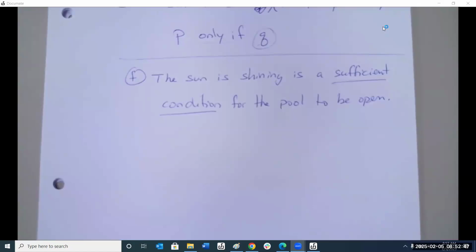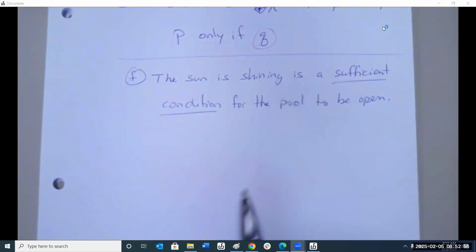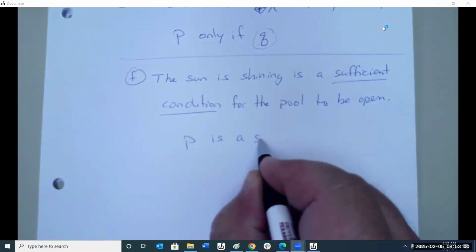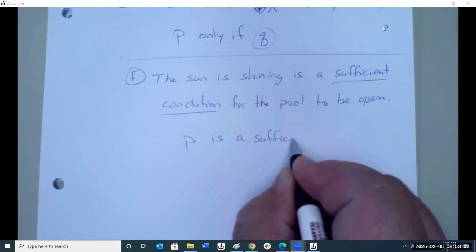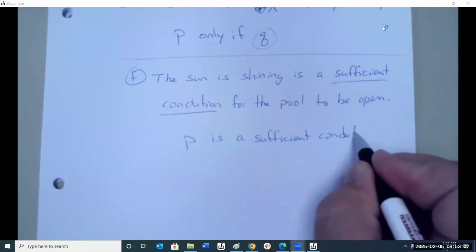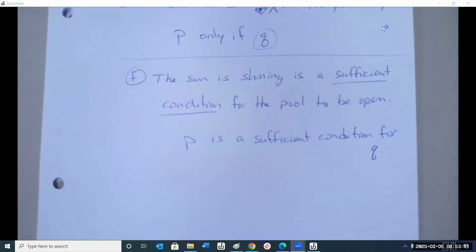Yeah, that's enough of a condition to open the pool. The sun is shining, so P is a sufficient condition for Q. All of these mean the same thing. It's just they're written differently.